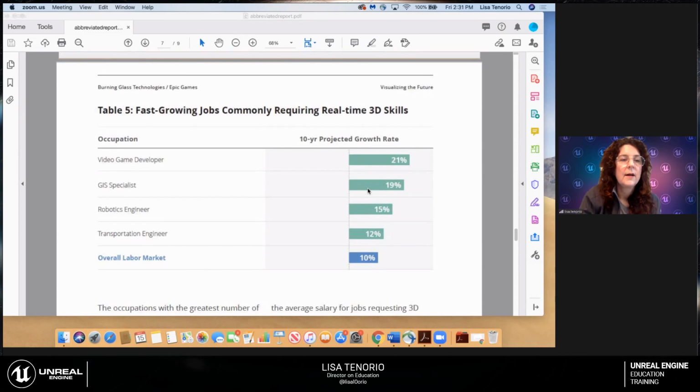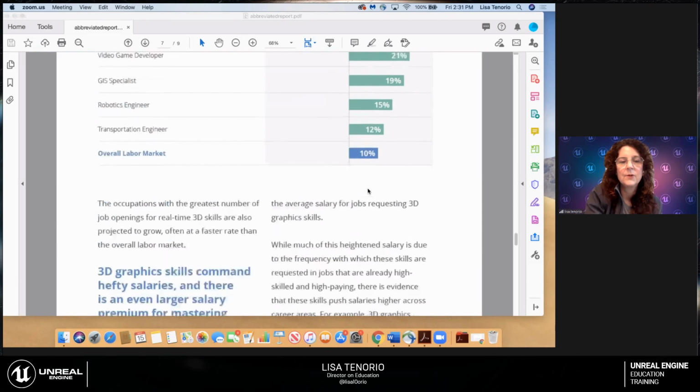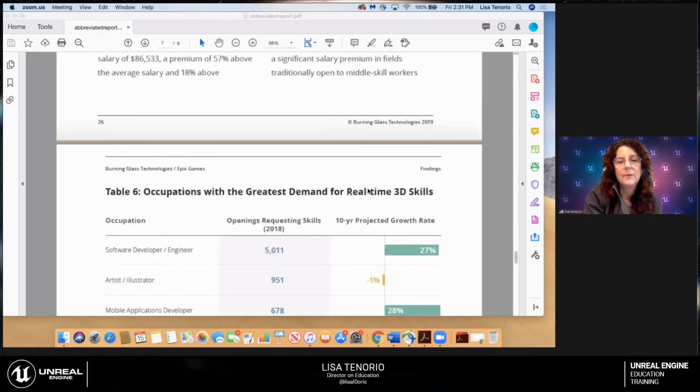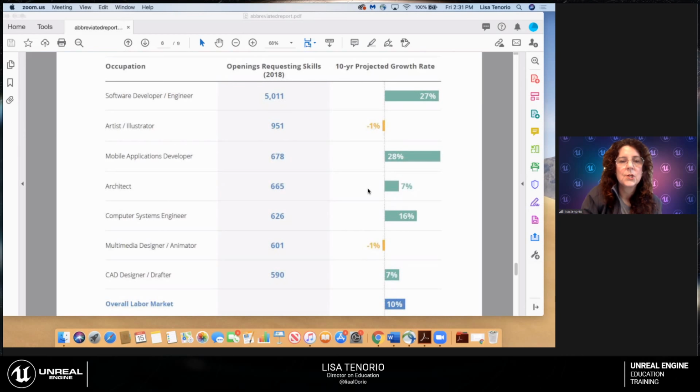Because obviously video game developer, we know that one makes sense, but some of these other job titles are high growth, or we can go down into just the number of job postings. So they have, for example, architect on here, which real-time 3D might show up for a role that actually says architect, but it might be something else.